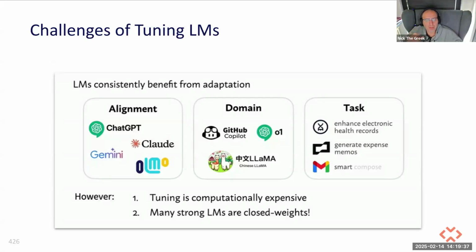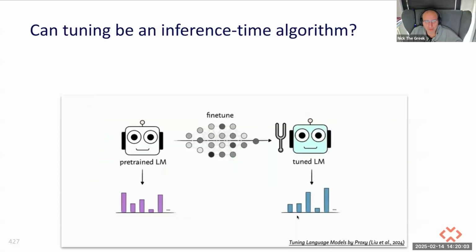Let's go and see some details that were in the presentation. We do know that language models consistently benefit from adaptation. Alignment is a big issue, as are domain and, of course, task. However, tuning is computationally expensive, and many strong LLMs are closed weight, so you can't really tune them.